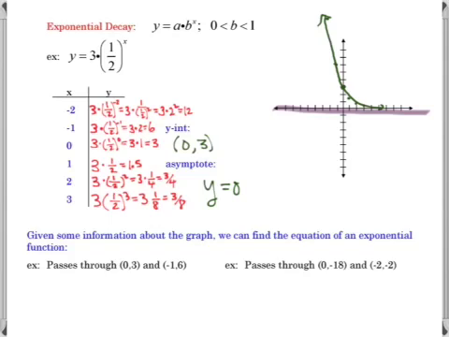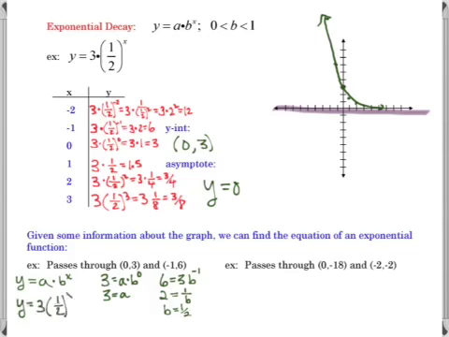Alright, we can also use this information to figure out equations. If we're given 2 points that we know it passes through, and we're given that it's exponential, we can solve for the equation. So I take the general exponential, and I plug in my point (0, 3), 0 for x, 3 for y, and I find that a is 3, because b to the 0 power is 1. Plug in the other point, we know what we know for a, and I get 2 is 3 times 1 over b, or b is 1/2.